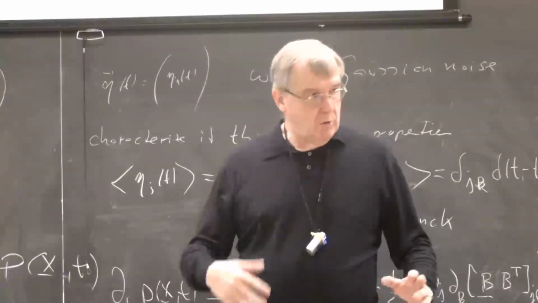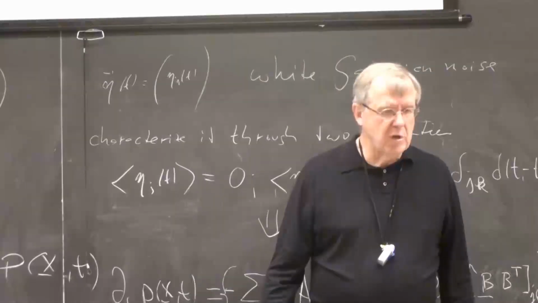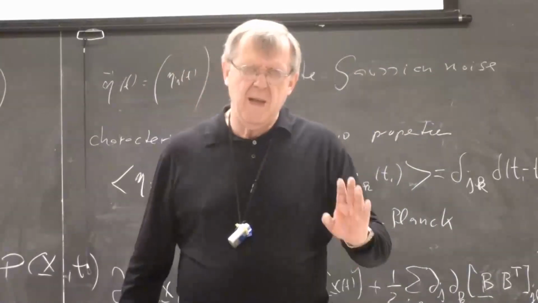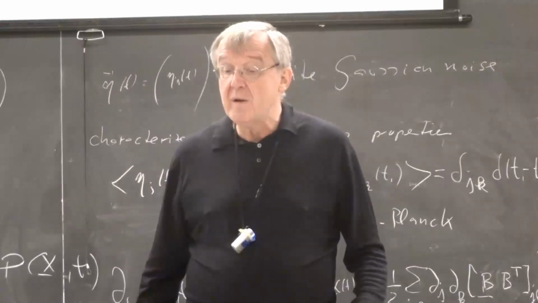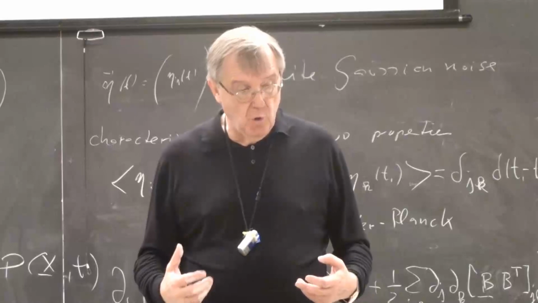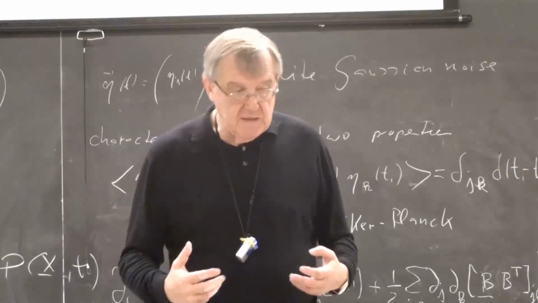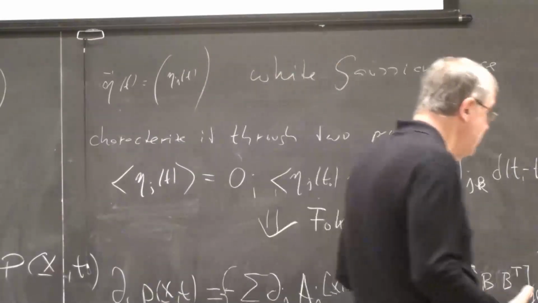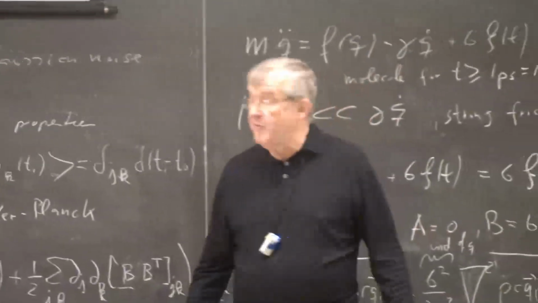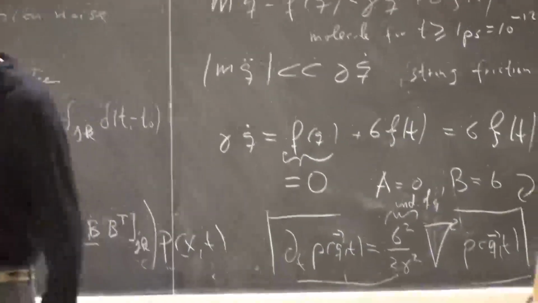And then I told you that mathematicians worked on it very hard, some of the best of them. And they could actually derive from this equation, making certain assumptions about the noise, a very fundamental equation directly for the distribution of that x.